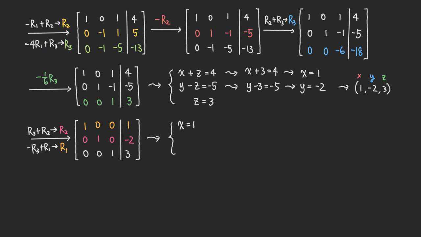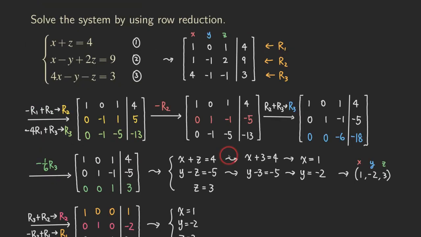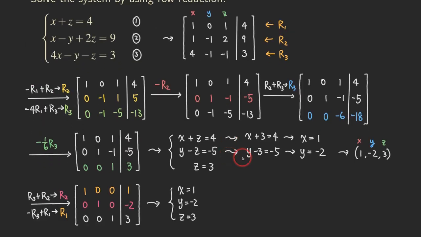So x equals 1, y equals -2, and then z is equal to 3. The bad thing is that you have to do more row operations to get to here, from the row echelon form to the reduced row echelon form. Is that okay? So this is the whole problem that we see here. So let me just show you. Right? So that's everything that we have here.